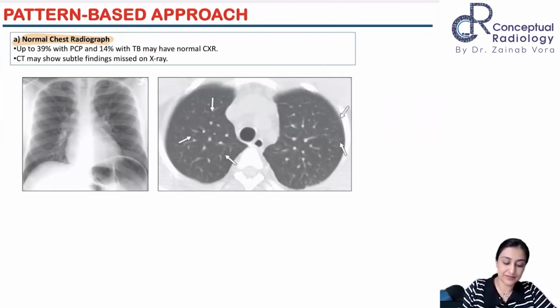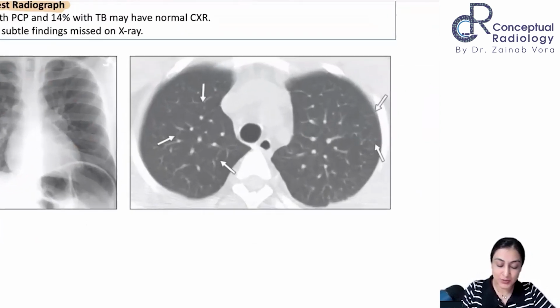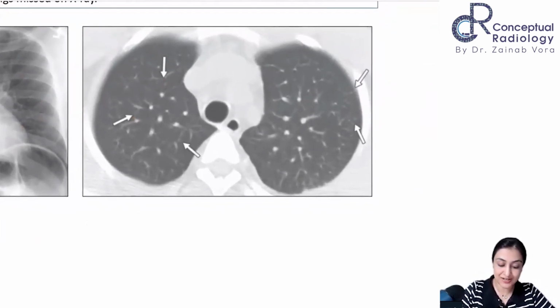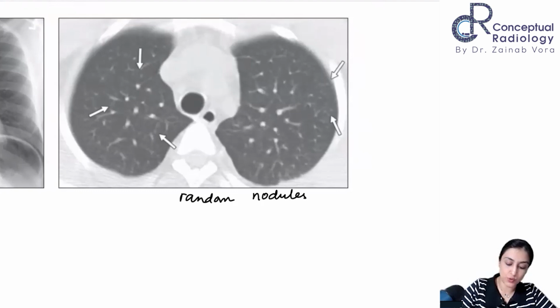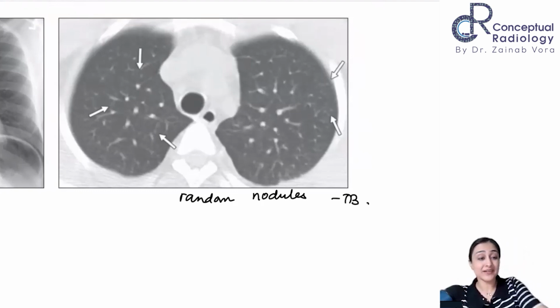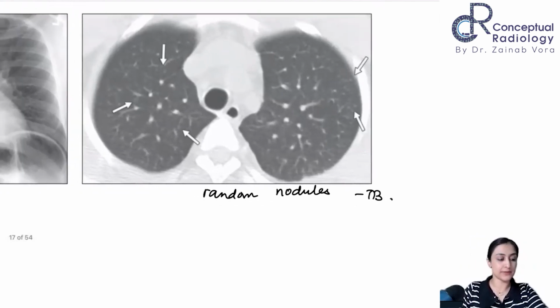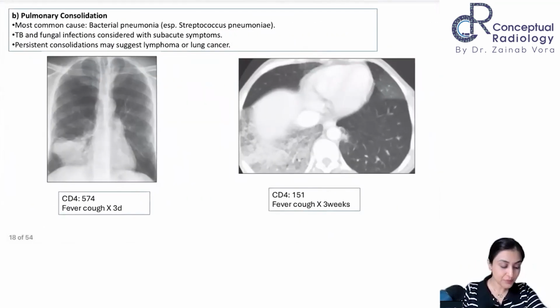Normal chest X-ray. When you do CT, you can see that there are these nodules which are randomly arranged. So this turned out to be a case of tuberculosis, which was missed on the X-ray, right? So that is why in almost every HIV/AIDS patient, HRCT of the chest will be done. Okay, so that is something that you have to remember.